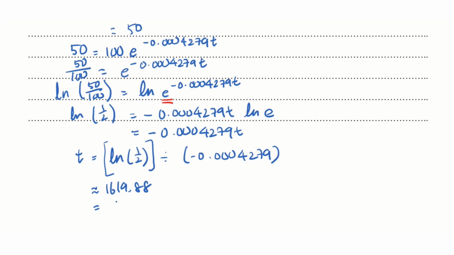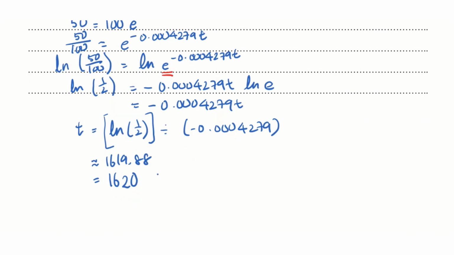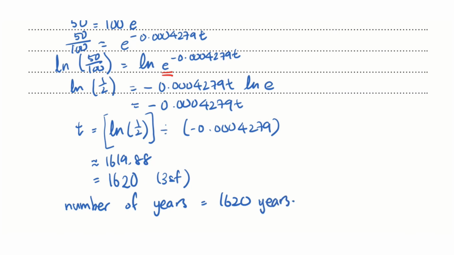Finally, we need to round this off to 3SF, so we will get 1620. So the number of years that it will take to halve the amount of the radium would be 1620 years. And that's it for question 6.